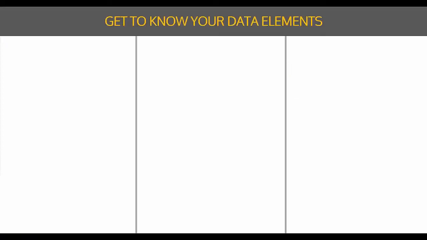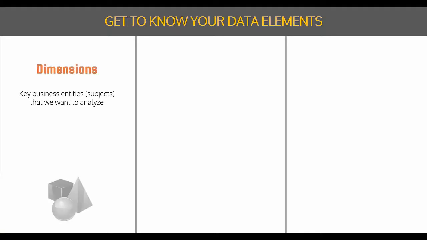So let's analyze what this even stands for. Dimensions, as we mentioned before, are my key business entities. It's the subject that we want to analyze. Facts are my performance measurements, the measure itself. It's the way I'm measuring the dimension, okay?